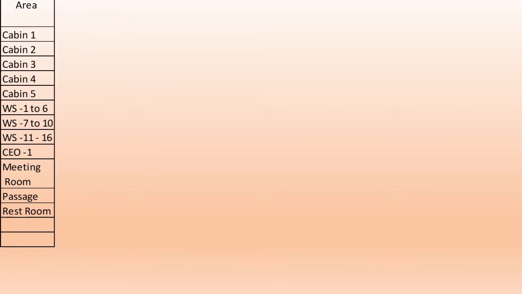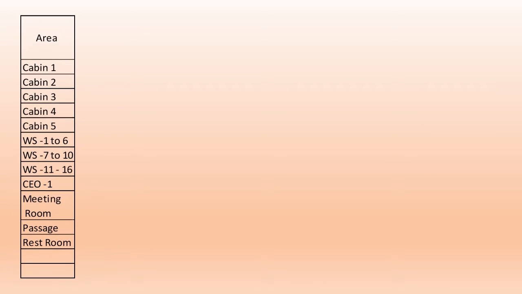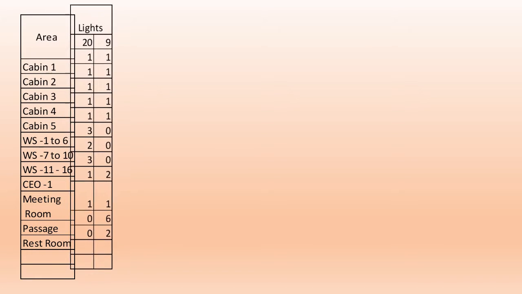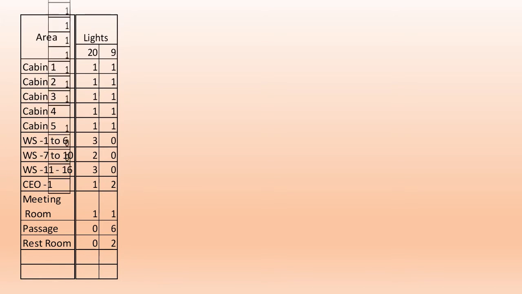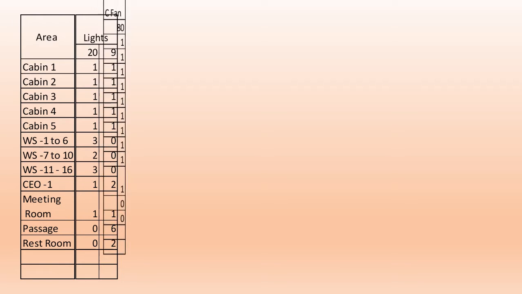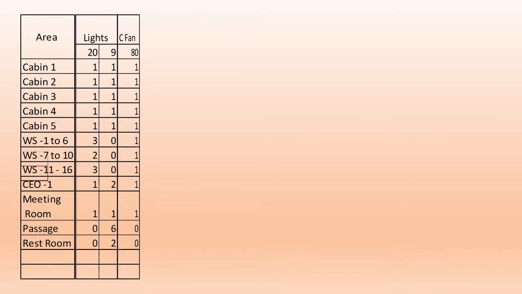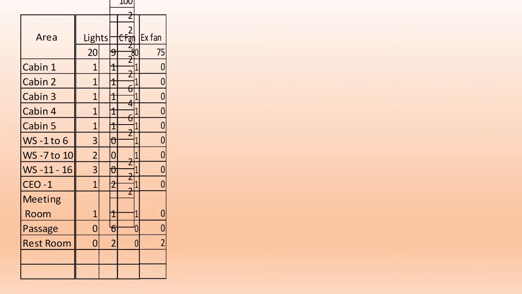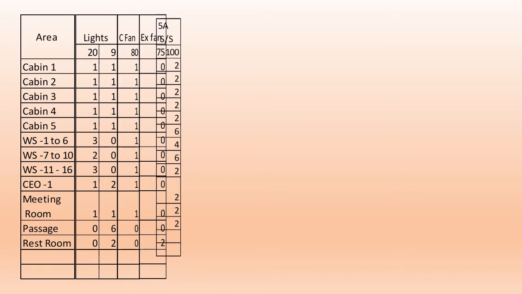Here we have a sample load schedule done for this office area. You can see we have listed out all the areas, and for the light points we have mentioned how many light points and what the wattage is. The number shown in the top layer, 29, is the wattage.